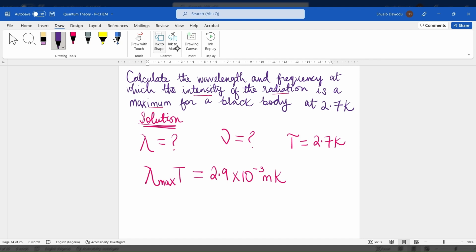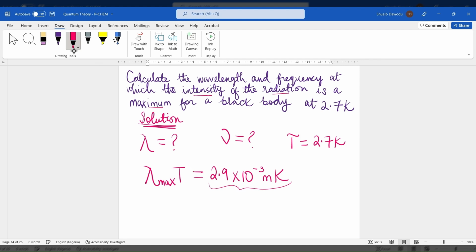As you can see, the unit for wavelength is meter and the unit for temperature is Kelvin, so the units all work. Now, this constant, 2.9 times 10 raised to the power of negative 3 meter Kelvin, is called Wien's displacement constant.